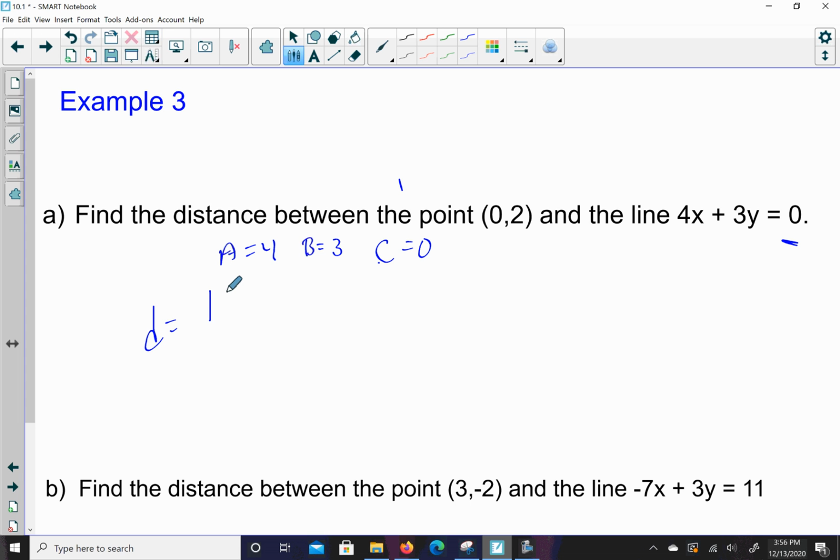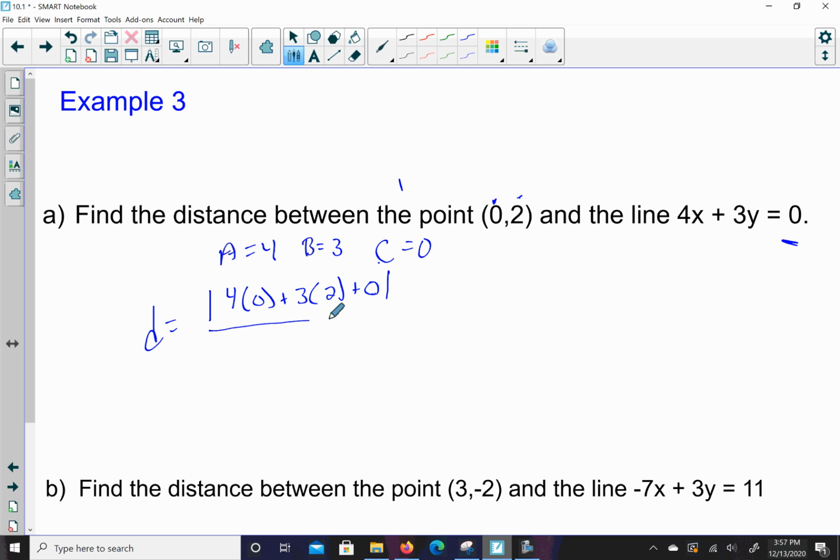I'm going to do the absolute value of A, which is 4, times the x, which is 0, plus B, which is 3, times my y, which is 2, plus c, which is 0.